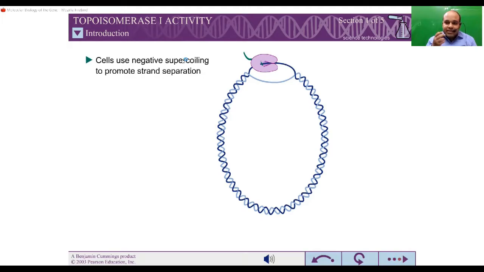Negative supercoiling is a type of supercoiling when the DNA is much more relaxed. When the DNA is much more relaxed, then the DNA can be effectively opened. If the DNA can be effectively opened, then this negative supercoiling can be used in the cell in order to promote the process of transcription to take place.